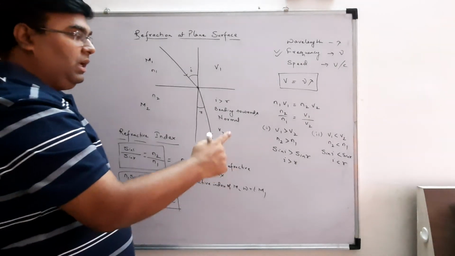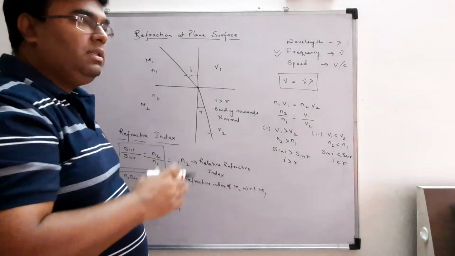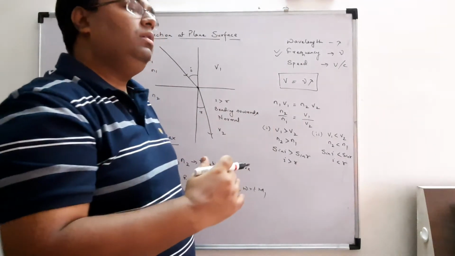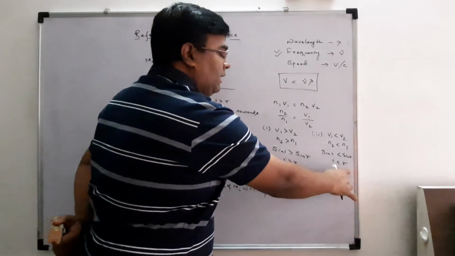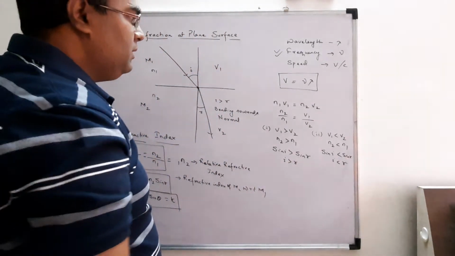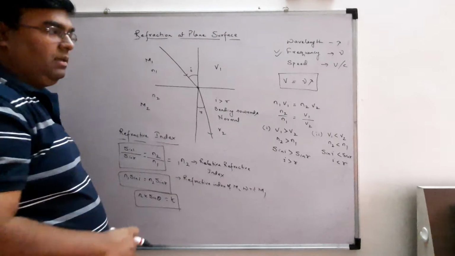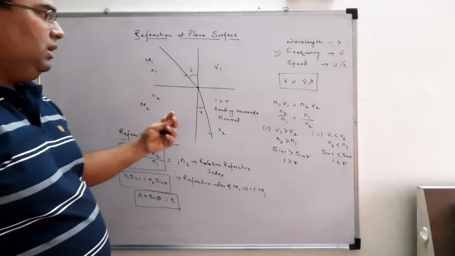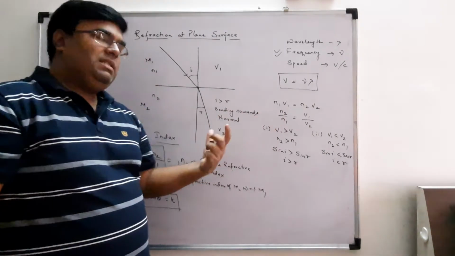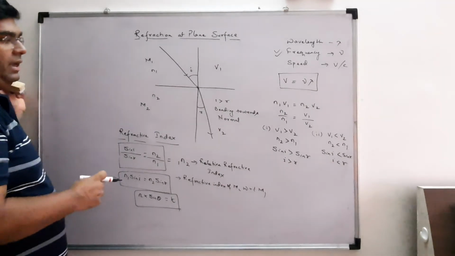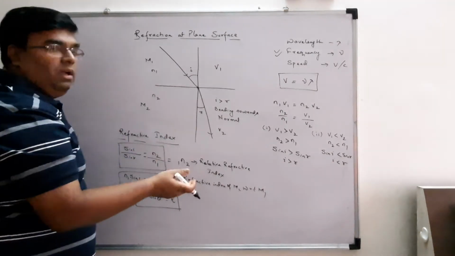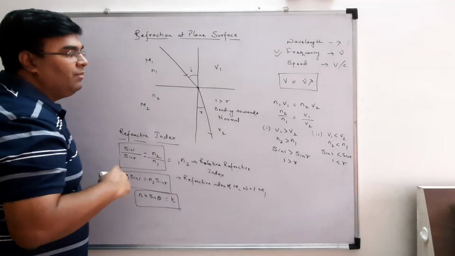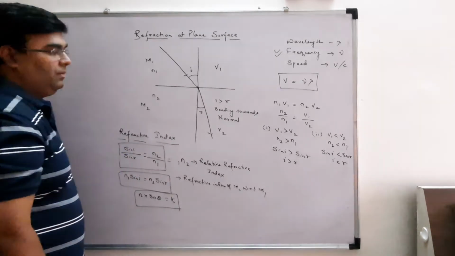So this is the case where the light bends away from the normal. So the refractive index decides the speed, and hence the speed decides whether it is moving away from the normal or towards the normal.